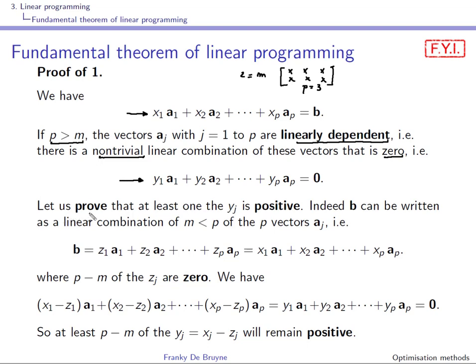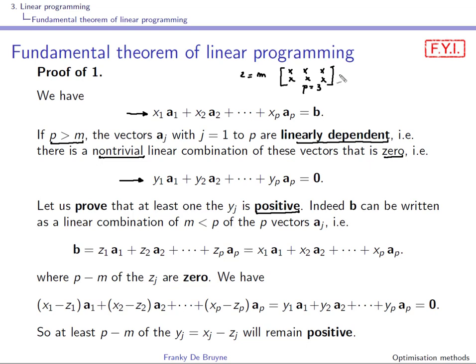What we will show next is that at least one of the coefficients in front, in the linear combination, is positive. To prove this, what we will do is write b as a linear combination of m of these columns, right?